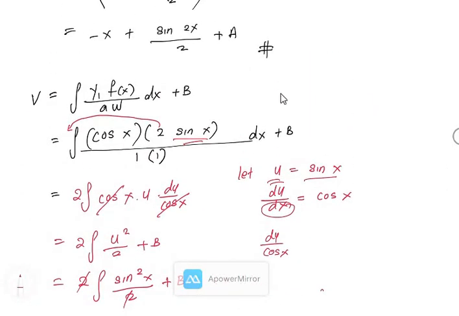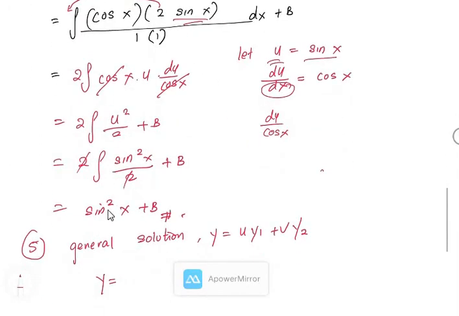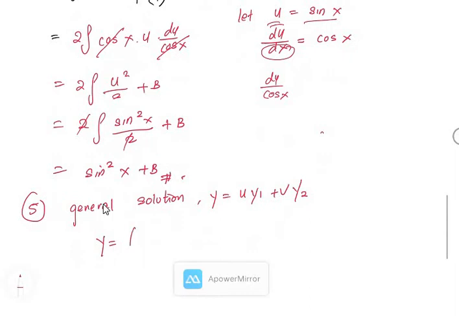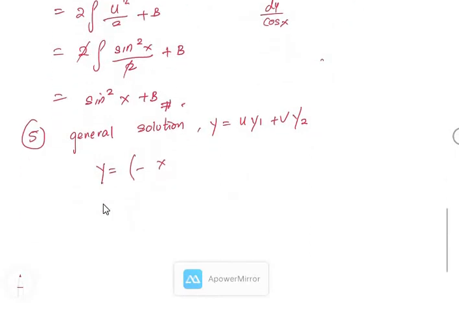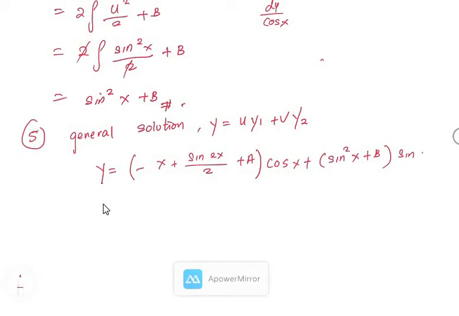So this is the u, and this is the v. So u is negative x plus sine 2x divided by 2 plus a.